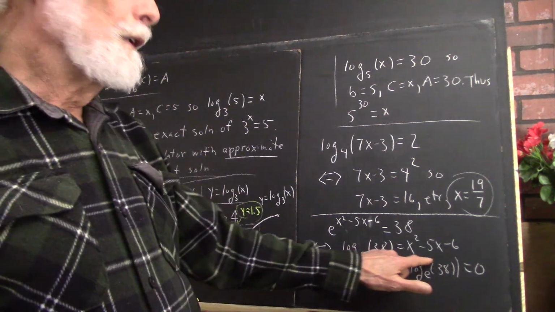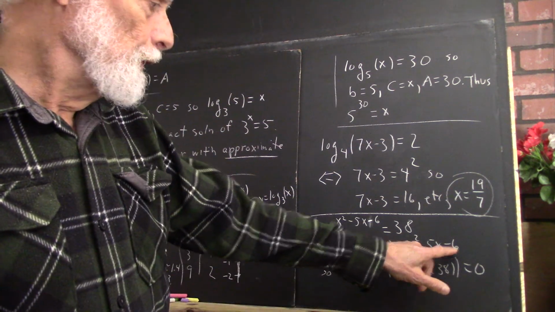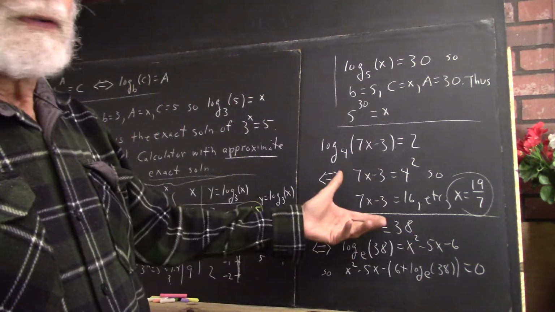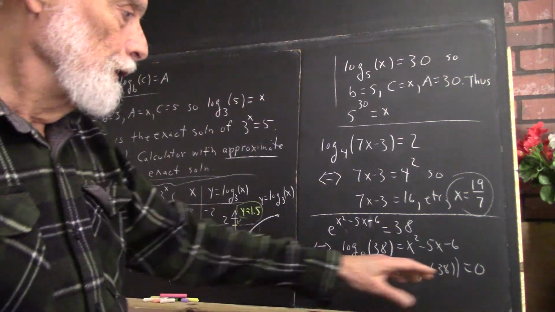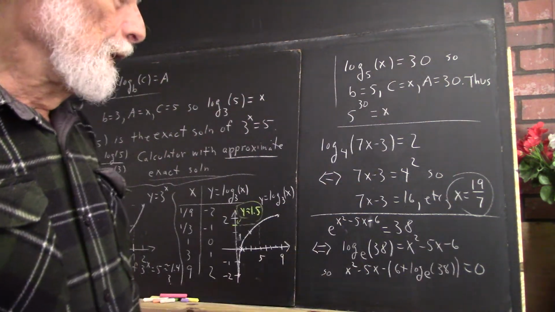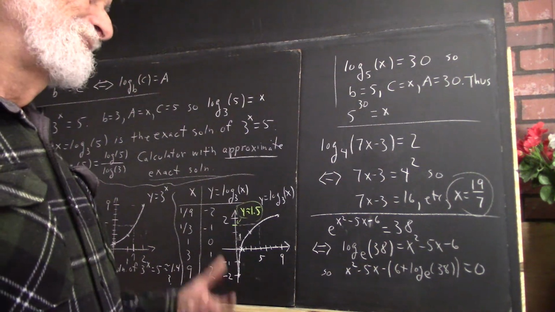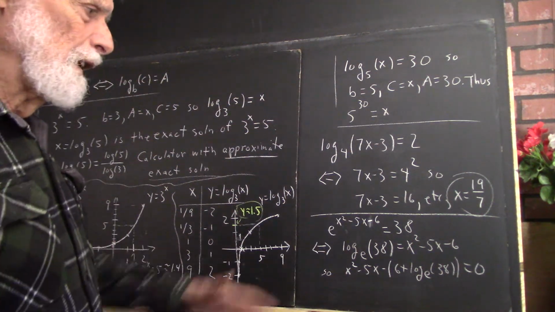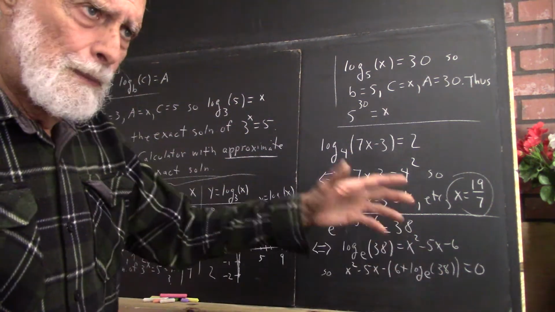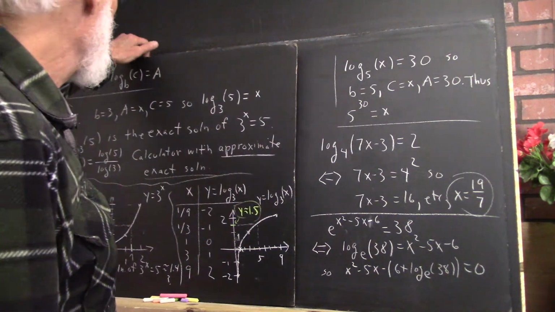It's a quadratic because it's got an x squared and an x, and then -6 is a number. Log base e of 38 is just a number. You don't know what that number is until you approximate it with a calculator. It's going to be kind of close to 4, but a little less. I'd say about 3.7, but you don't need to know that, obviously. Okay?